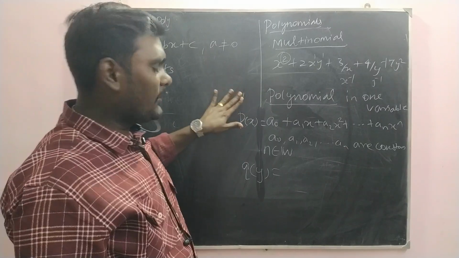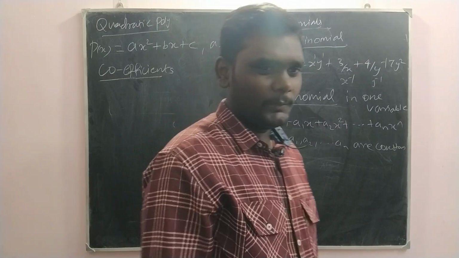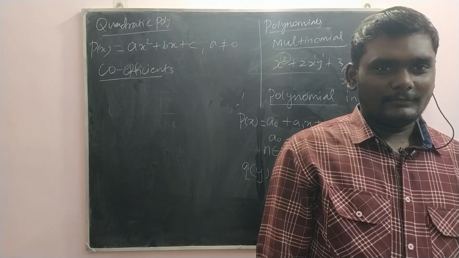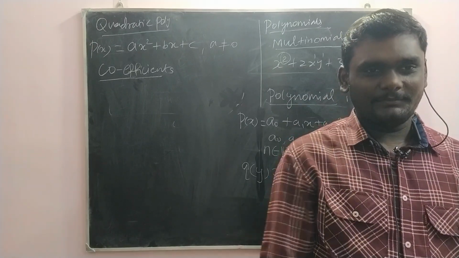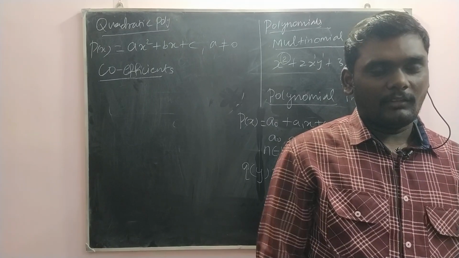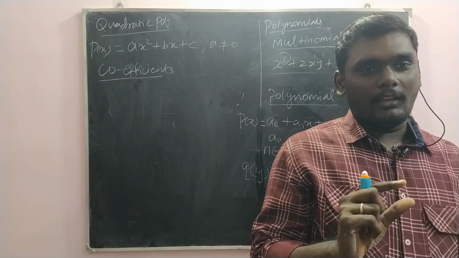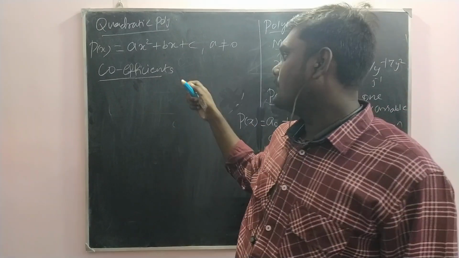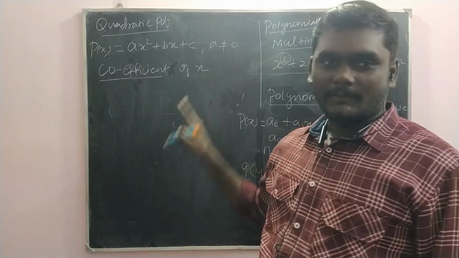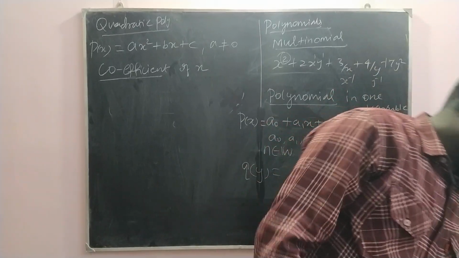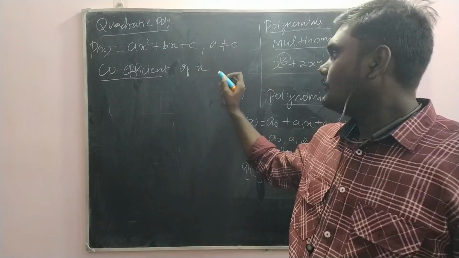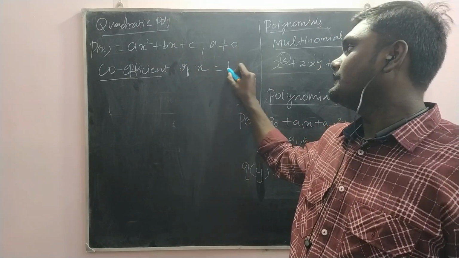Coefficient means what? First of all, what does co mean? You have this word before: Vasant and co, you remember? Co means company. Vasant and company. Likewise, the coefficient of x means who is accompanying x in the polynomial.